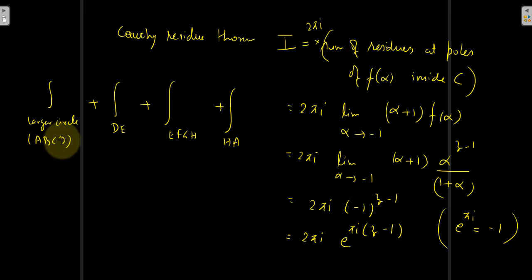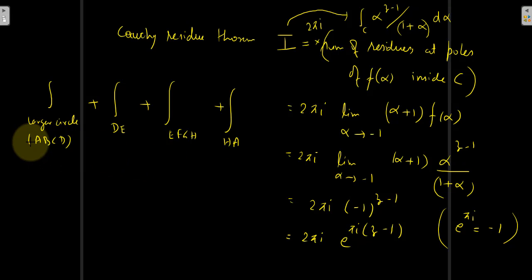Now for this larger circle, we had obtained the integral, which was the integral over C of alpha to the z minus 1 divided by 1 plus alpha d alpha. What I'm going to do now is put the value of alpha according to these four different curves. For the larger circle, the value of alpha was capital R e to the i theta, with theta from 0 to 2 pi.